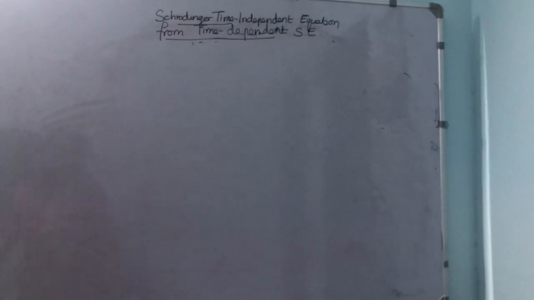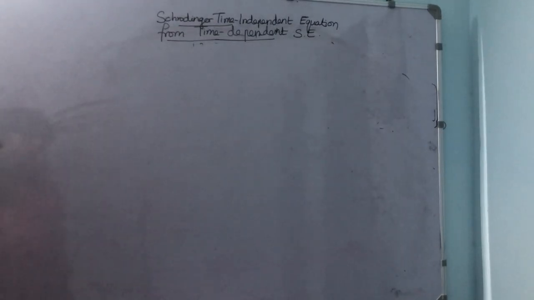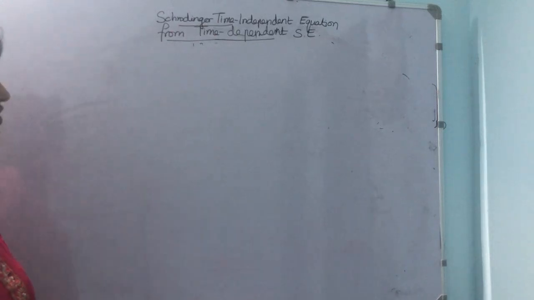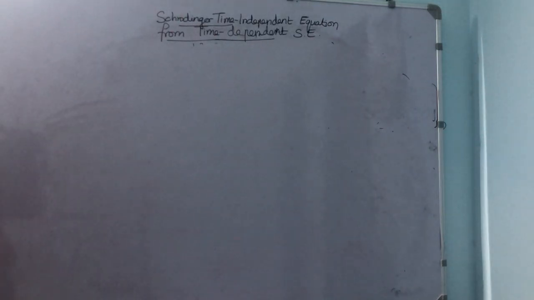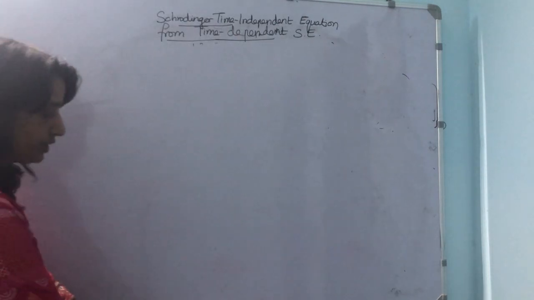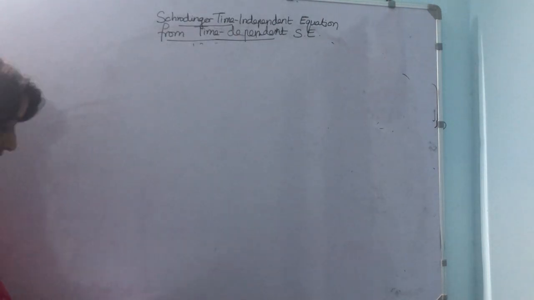Hello students, in today's lecture we will derive Schrödinger time independent equation from the time dependent Schrödinger wave equation. For this we will take a simple plane monochromatic wave of a free particle which is moving along the positive x direction.